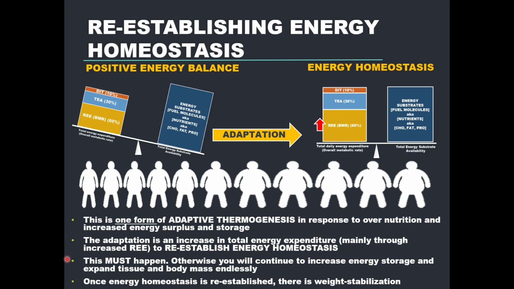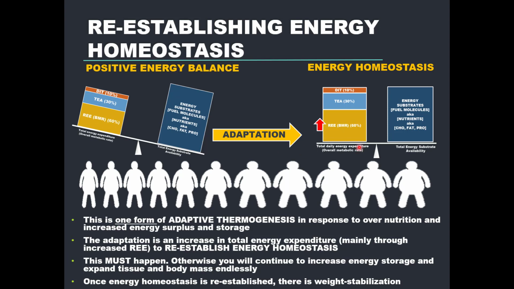Okay, to summarize this slide, the main takeaway is that during a state of prolonged positive energy balance and energy surplus, there will be weight gain as the energy is stored in endogenous fuels, which are largely fat molecules stored in adipose mainly. Our body will, however, adapt to this energy surplus by intervening on the left side of this balance to reestablish energy homeostasis.